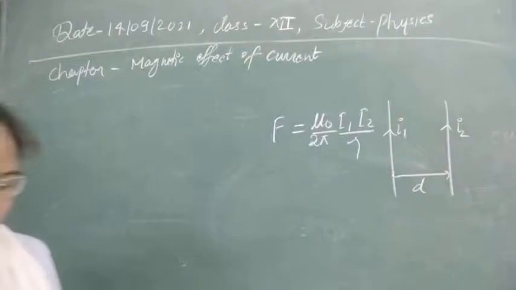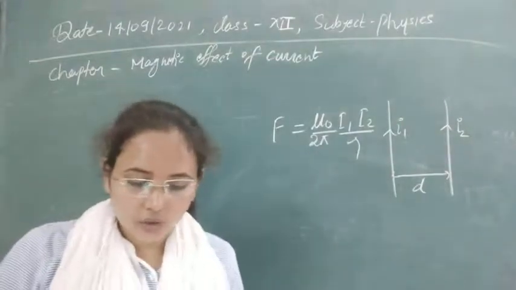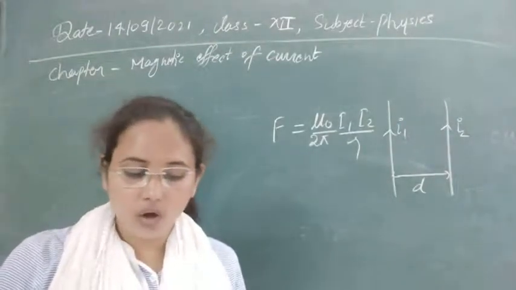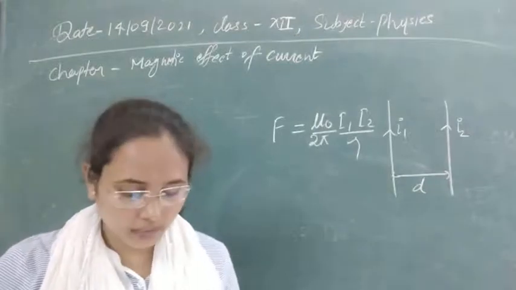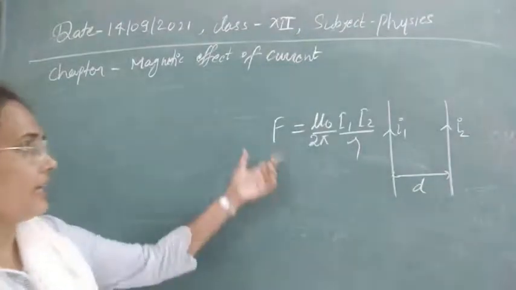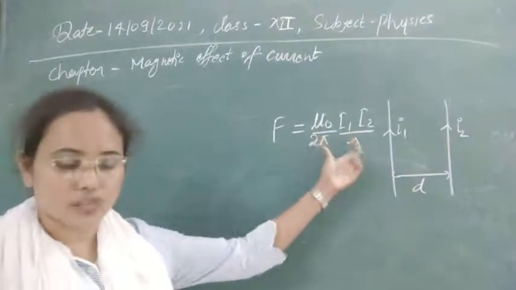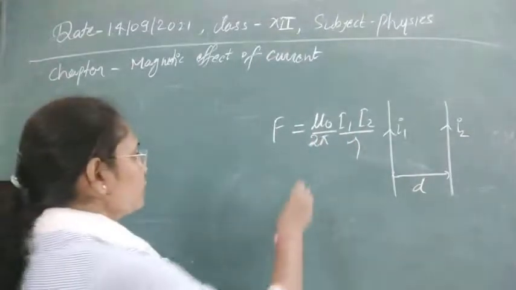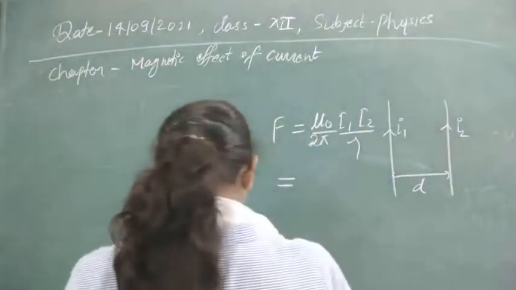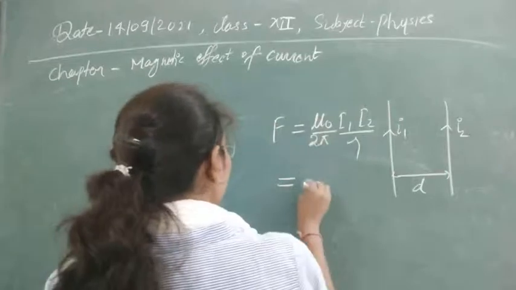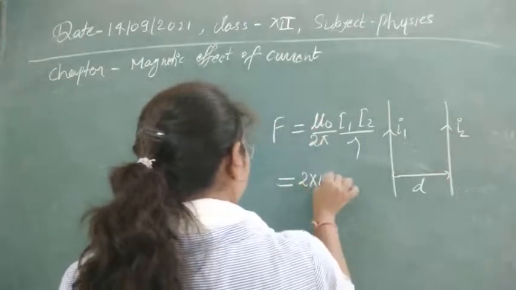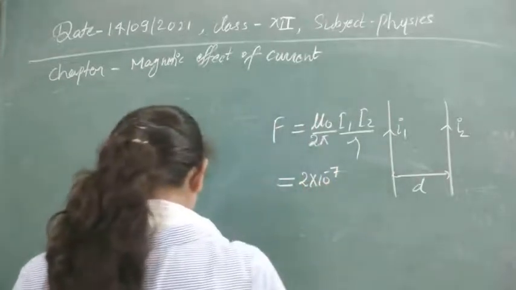So here in our question we have to find the force exerted by one wire on the other per meter length of the wire, so force per unit length. Now we can use this formula. Mu 0 upon 2 pi has value 2 into 10 power minus 7.